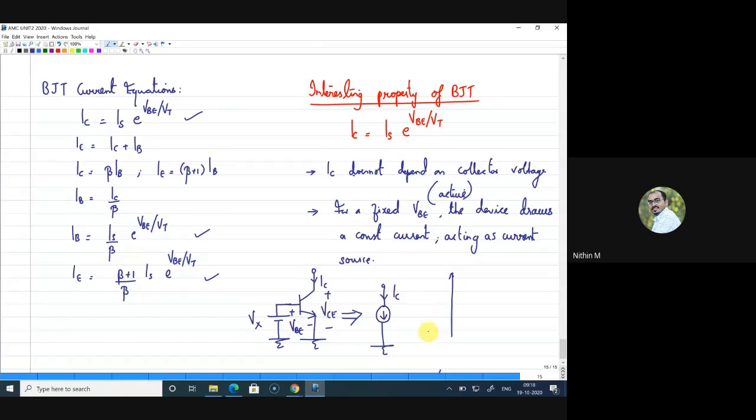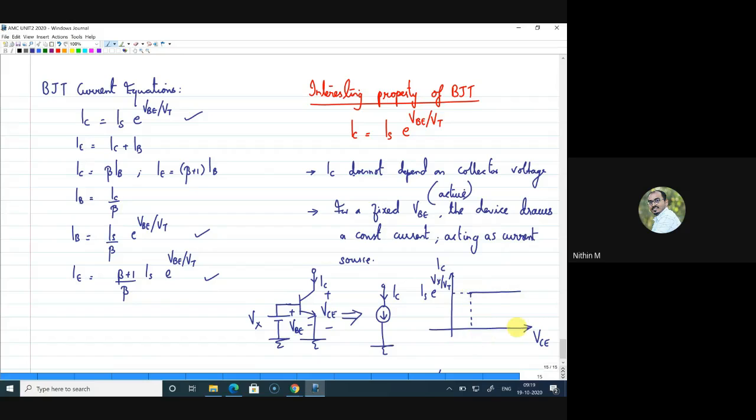Or if I try to draw a graph between VCE and IC, as long as your VBE is constant, say you have provided V1 as the VBE, that will give you a current of Is into e to the power of Vx by VT, which will be constant, right?